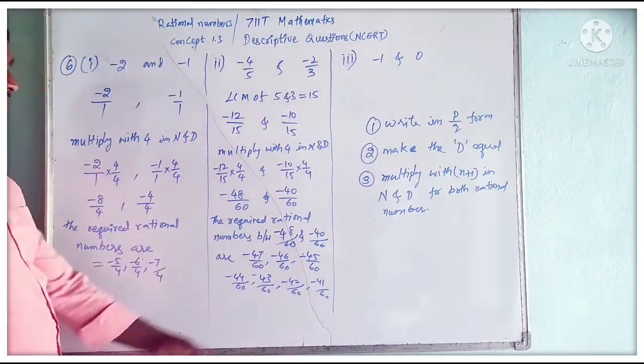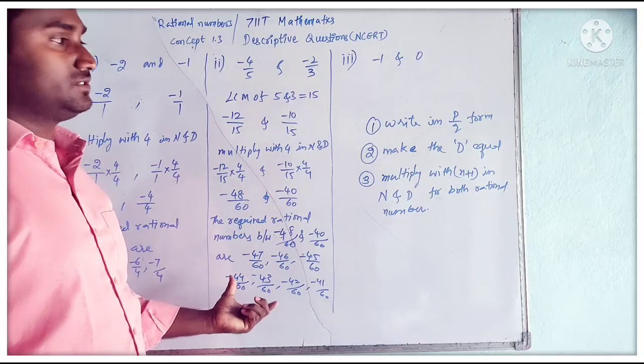So we need 3 rational numbers. Out of these 7 you can write any 3.